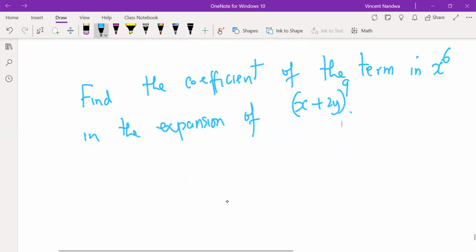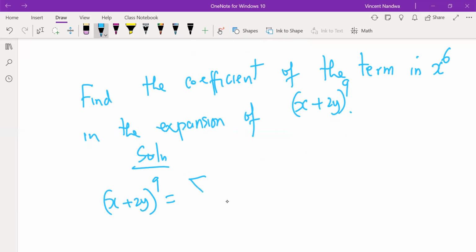Now remember, this is the summation for r from 0 to 9 of 9 combination r, x^(9−r), (2y)^r.